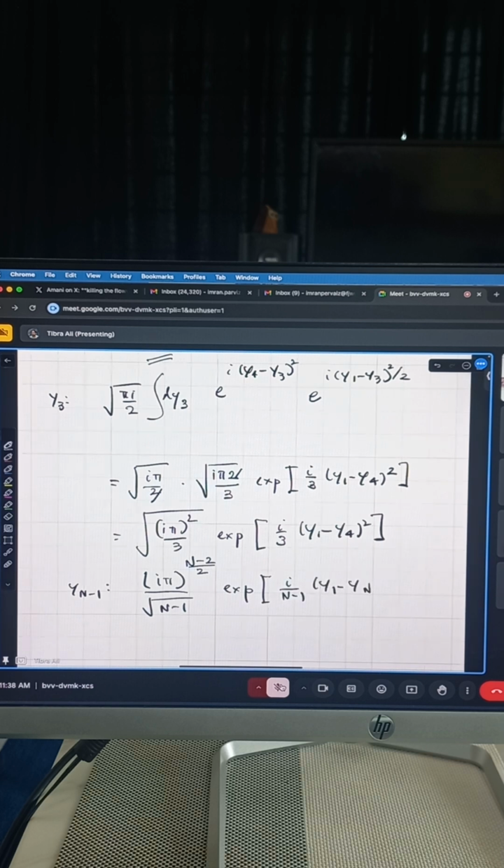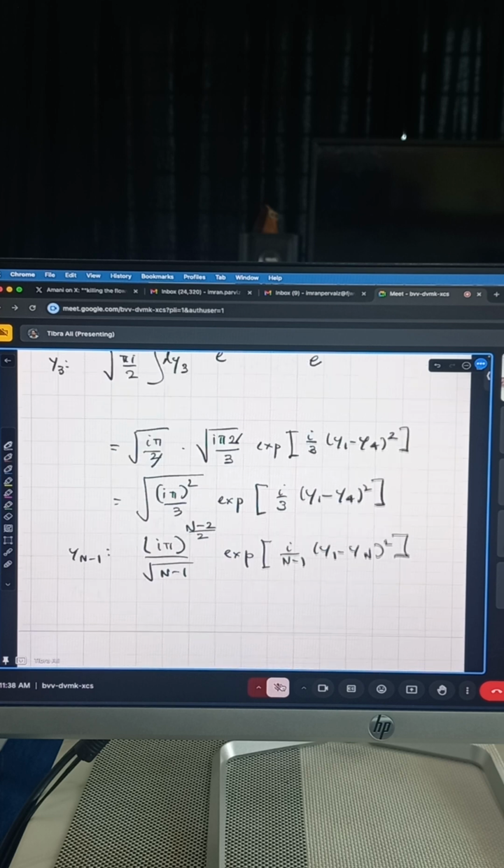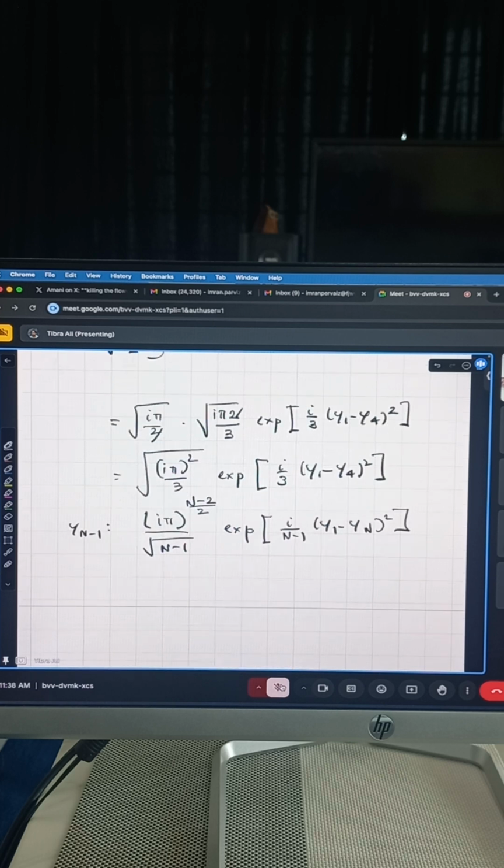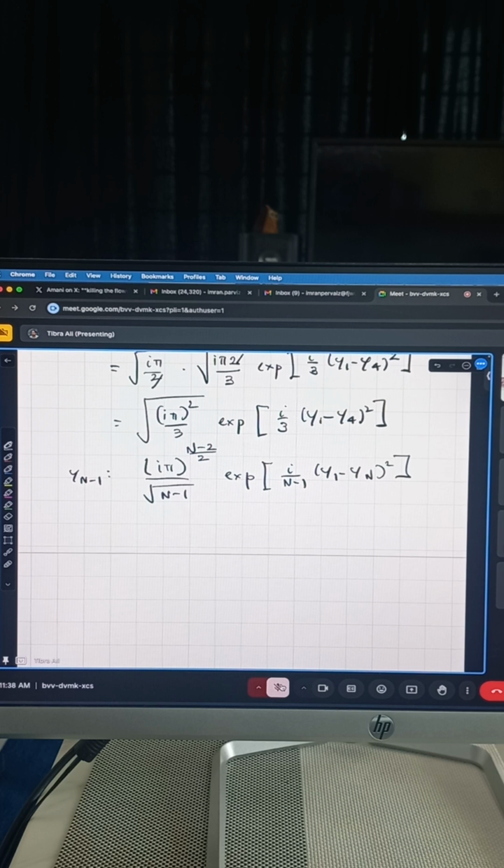If I have k, then k is the limit where n goes to infinity, and we had our usual normalization factor that we originally had, raised to the power big N minus 1 over 2.